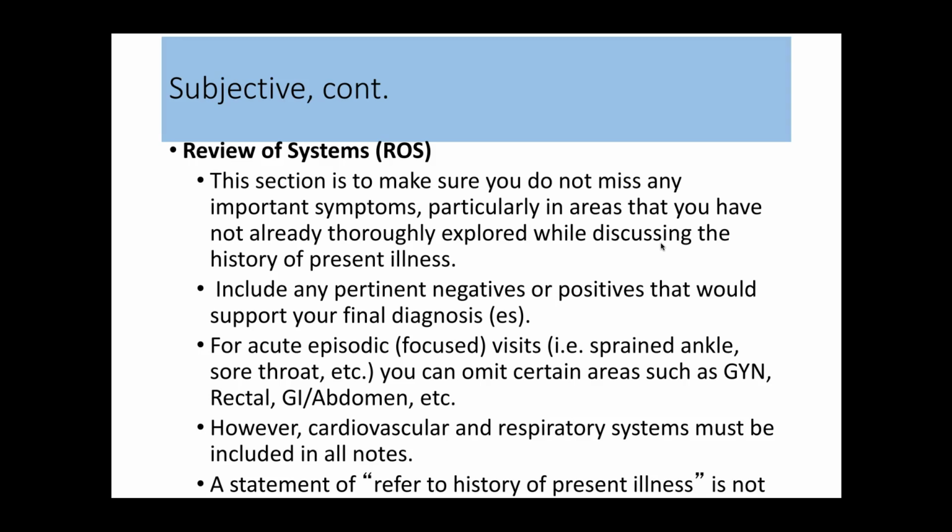You need to say patient complains of sore throat as per HPI, as the history of present illness states. You don't have to go into detail on that, but you can say see the history of present illness for more details regarding the patient's sore throat, etc.